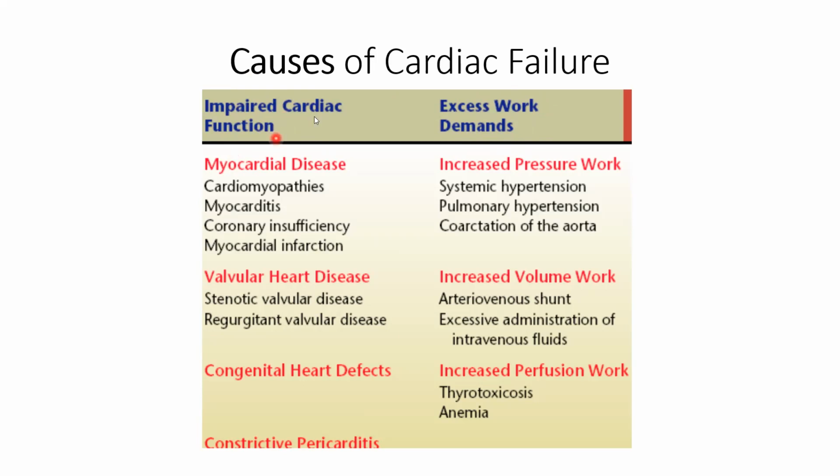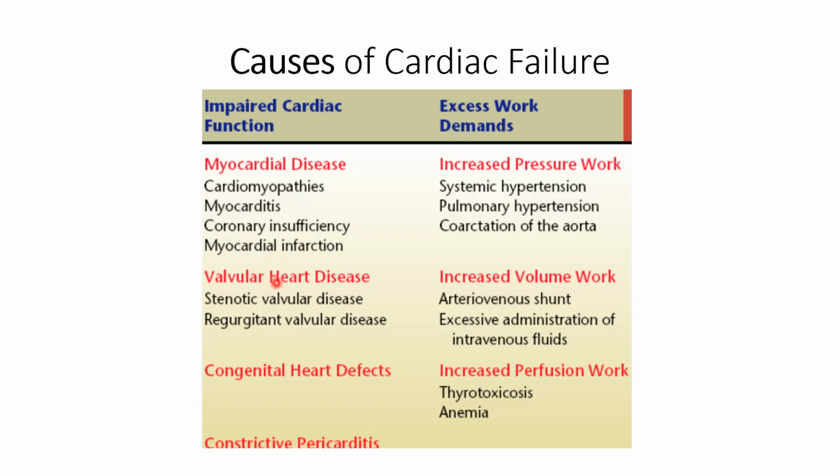We look at the impaired function first. So myocardial disease: the myocardium itself has developed some problem. It has changed its shape, maybe has dilated abnormally. If there's an infection somewhere, the coronaries are insufficiently supplying blood to the myocardium, or there is blatant myocardial infarction, which basically means part of the myocardium is not functioning now.